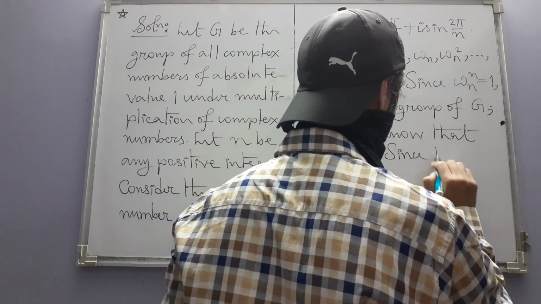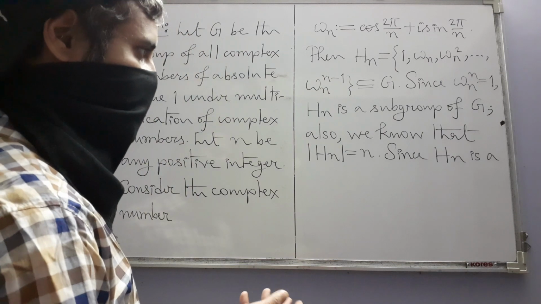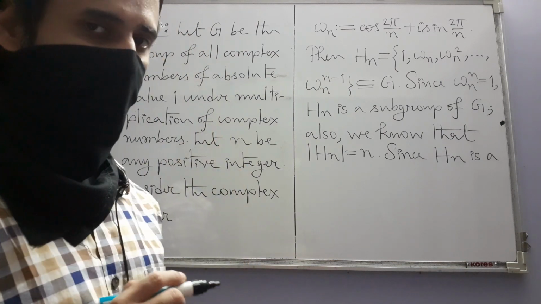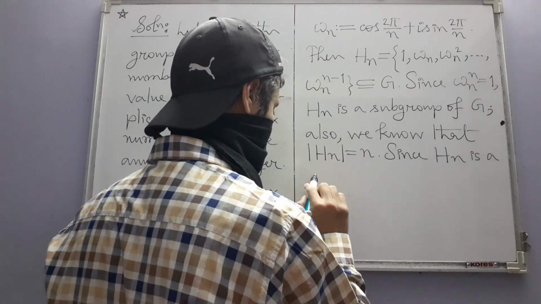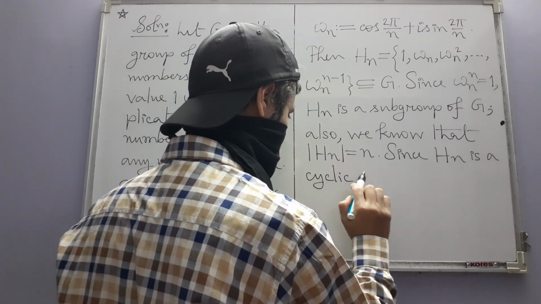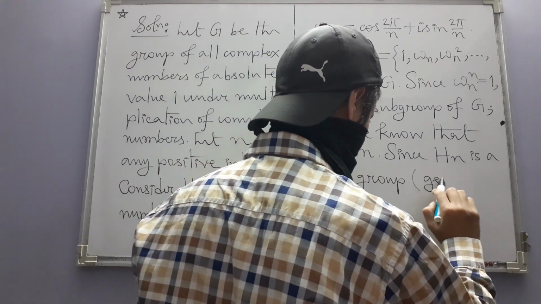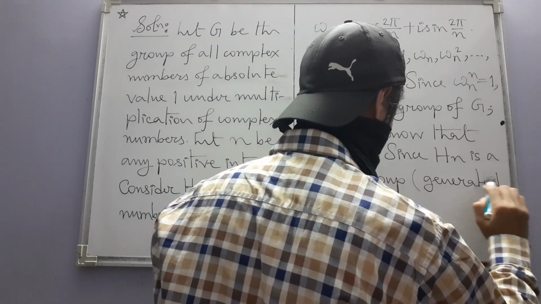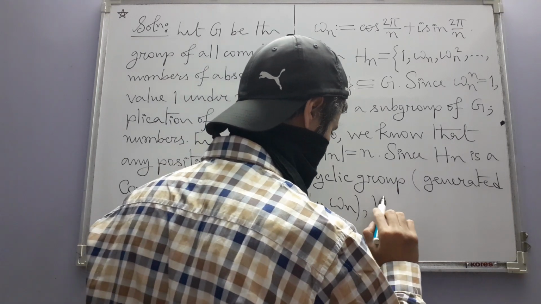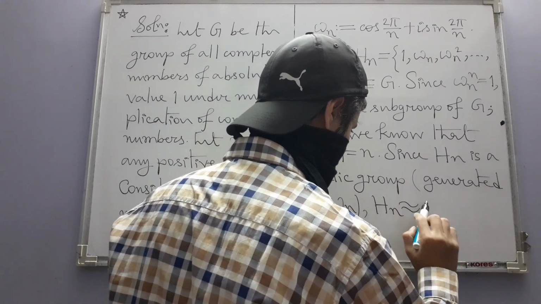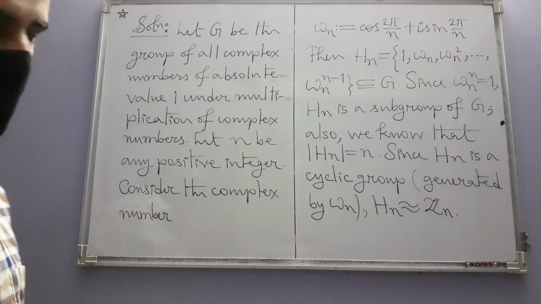Since Hn is a cyclic group, let's write this also, generated by omega n, and we know that up to isomorphism there is precisely one cyclic group of order n for every positive integer n. So Hn is isomorphic to Zn, because this is also a cyclic group of order n.